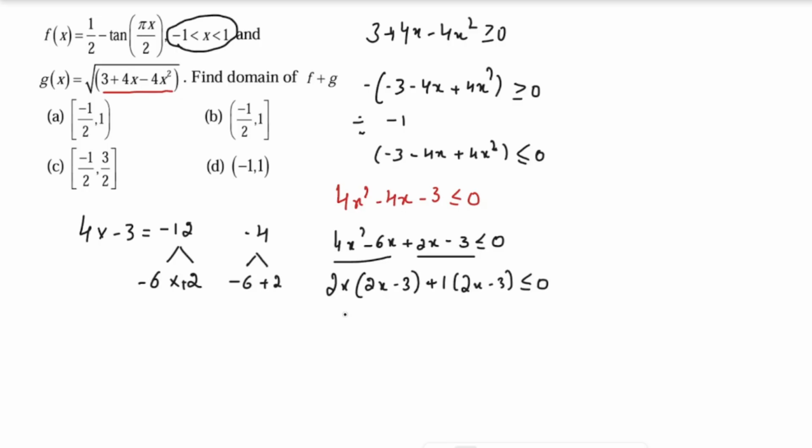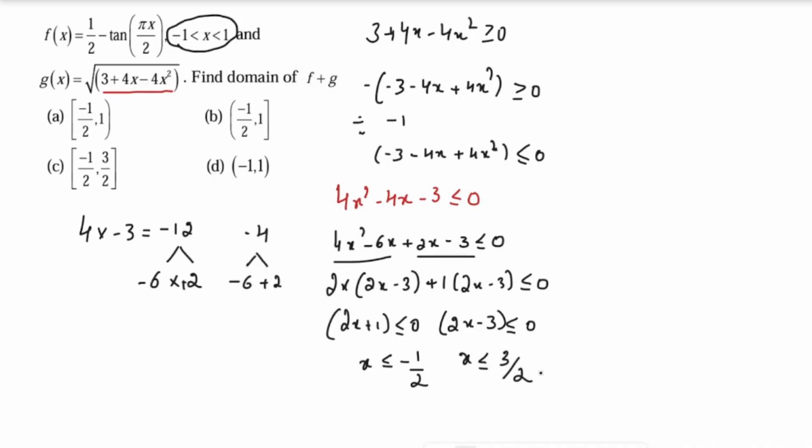If we solve further, we get 2x plus 1 less than or equal to 0 and 2x minus 3 less than or equal to 0. The next one is x less than or equal to minus 1 by 2 and x less than or equal to 3 by 2.